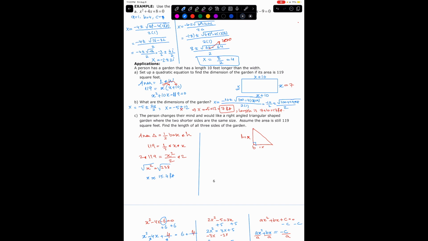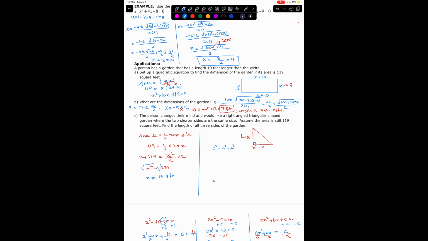We're going to say c squared, which is the hypotenuse squared, is equal to the sum of the other legs squared, a squared plus b squared. And we know the other sides, which is 15.4, 15.4.